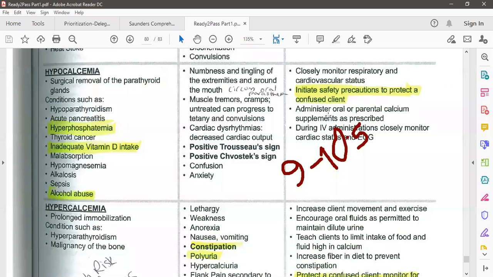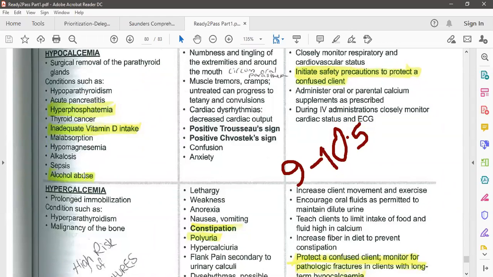If the patient is unconscious, or the level of consciousness goes down, don't give anything orally. The parenteral route is always better. Also give IV administration and closely monitor cardiac function.